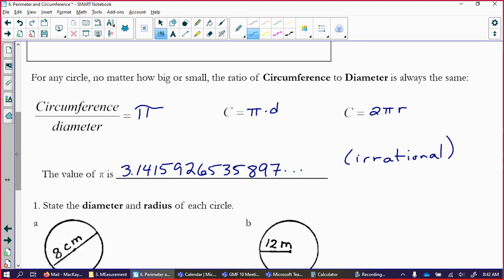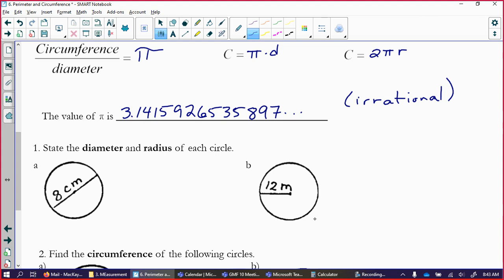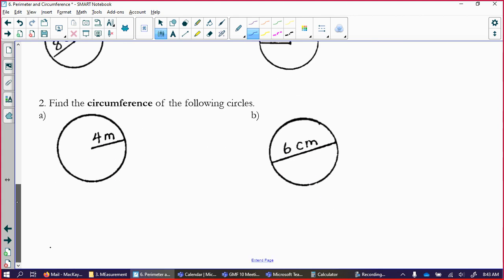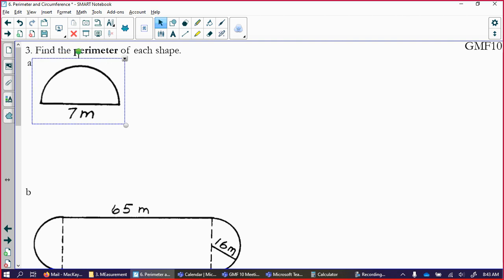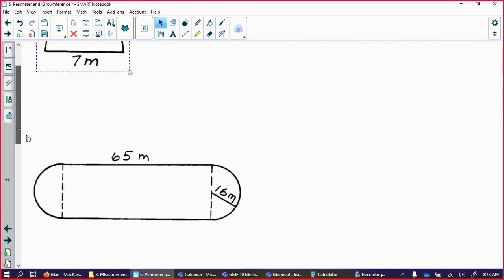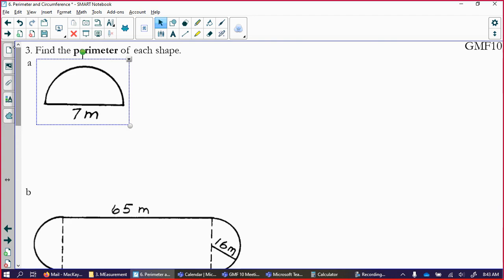So just to reinforce the relationship between diameter and radius, we're going to look at some circumferences. Then we're going to find the perimeter, which is the circumference of each shape.